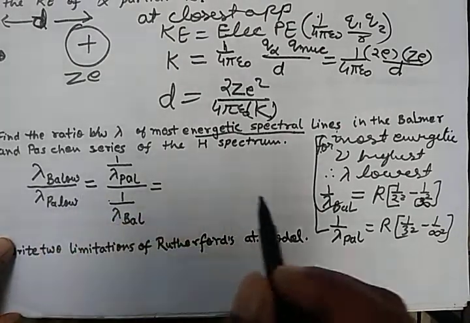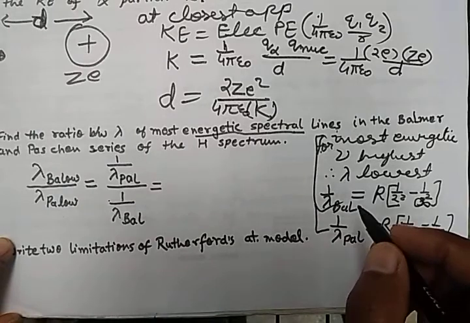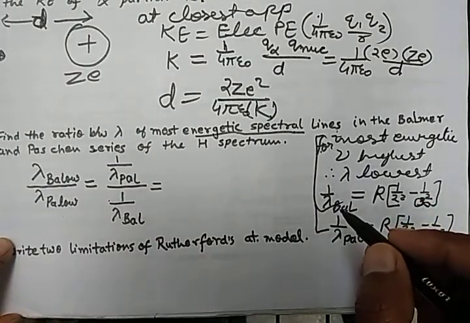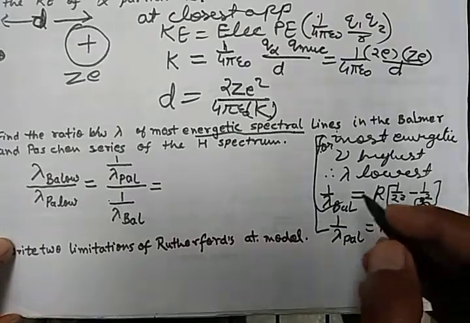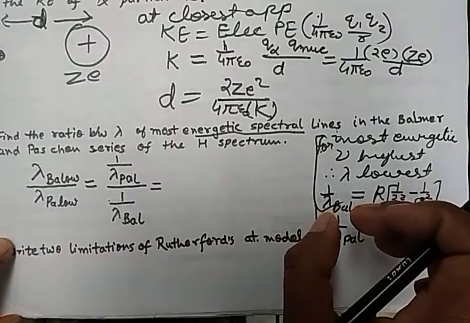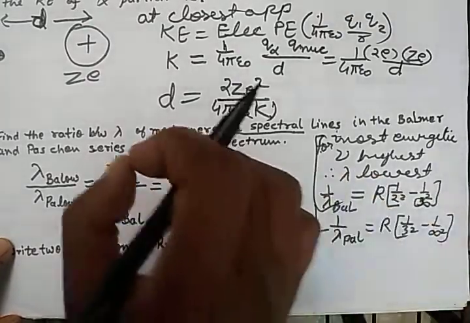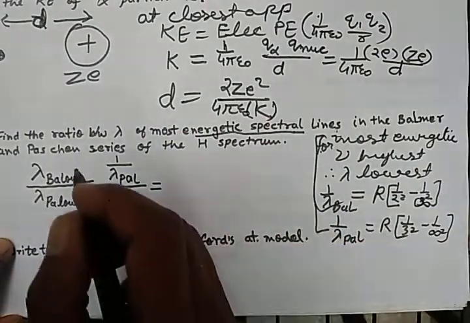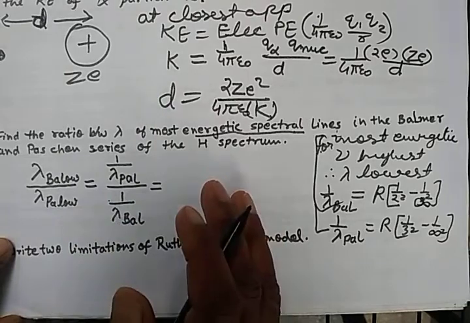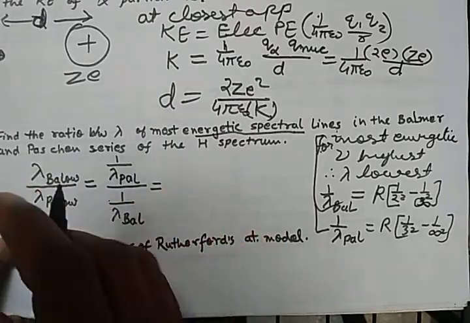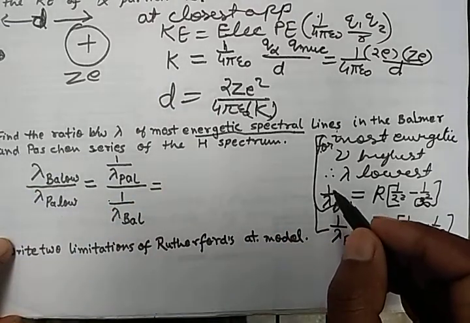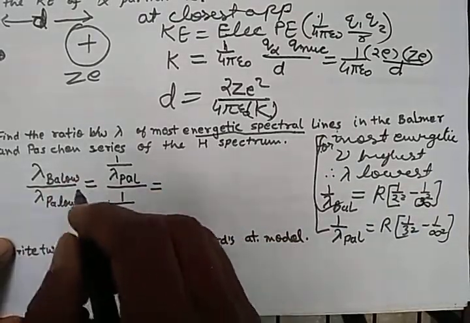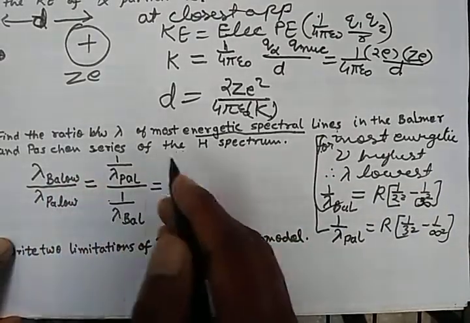Otherwise, you can go one step further, find an expression for lambda Balmer, and directly put it here, but I'm going this way. So both ways you have, try that way, reciprocate this and then put the value, or if you understood this, then proceed accordingly.